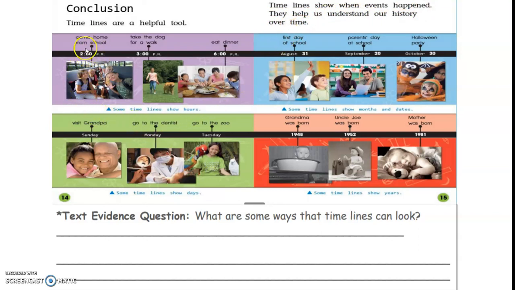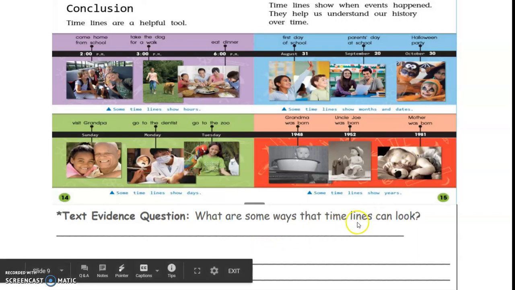So here we have, oh, this one's by hour. I can see that by just looking at the timeline. I don't even know what it's about yet, but I can see this one's by time. This one is by month, day and month. This one is by day. And this one is by year. So this one goes in a little sequence of years.